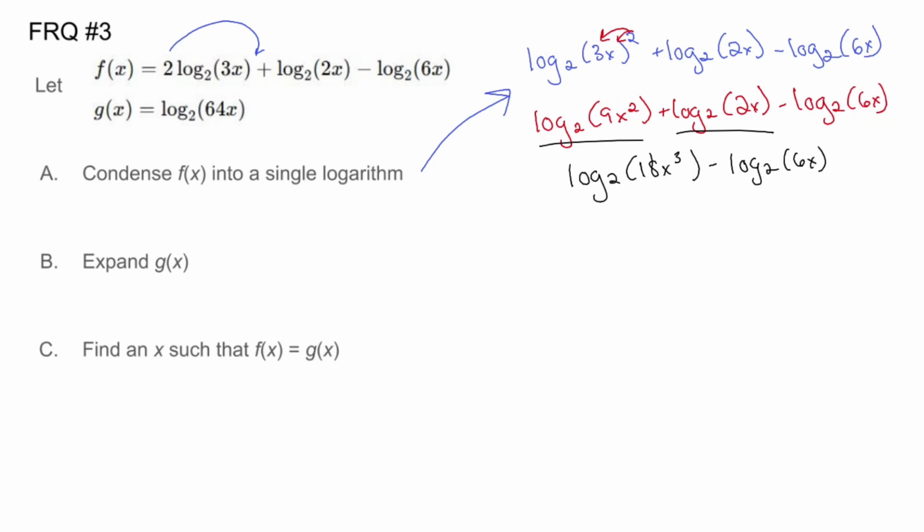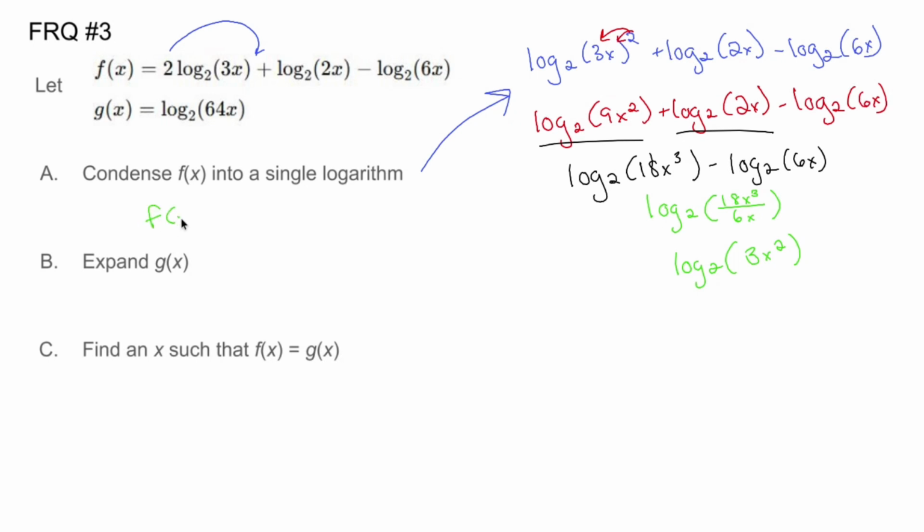When you subtract logs of the same base, you divide the insides. So you become log base 2 of 18x cubed over 6x. And that's going to simplify to 18 over 6 is 3, x cubed over x is x squared.